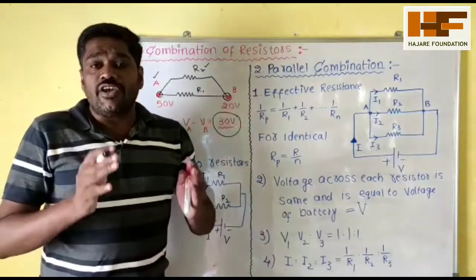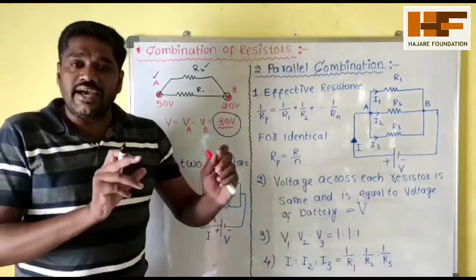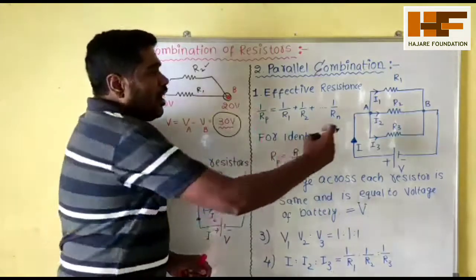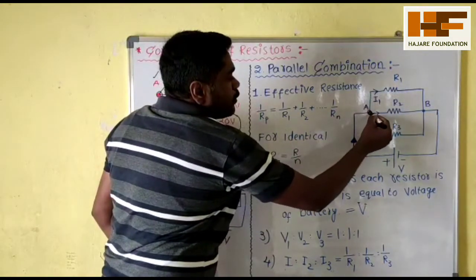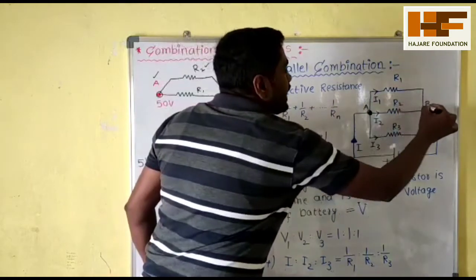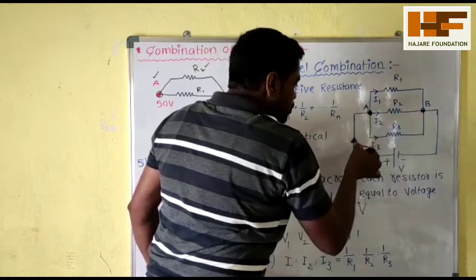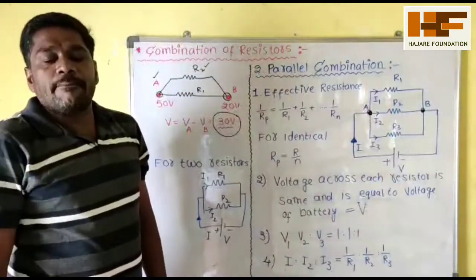Therefore, whenever many resistors are connected between the same two points, all left terminals of the resistors are connected at one point, all right terminals are connected at another point, and these two points are connected to a battery. Such a combination is called a parallel combination.